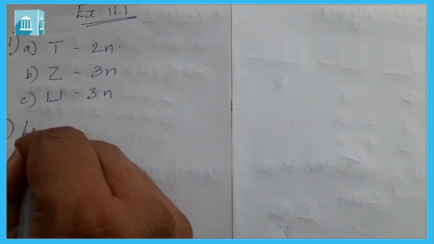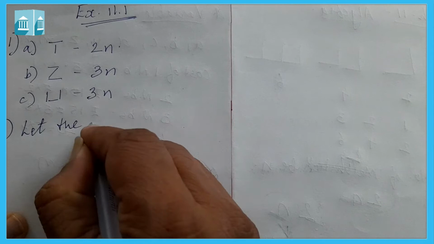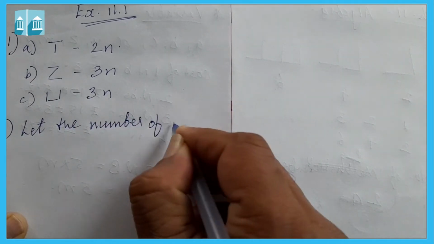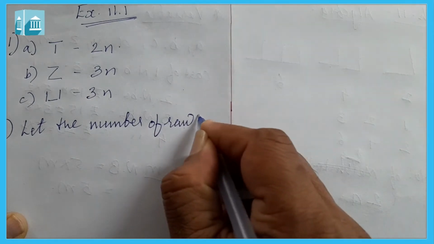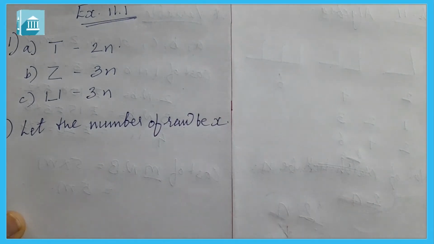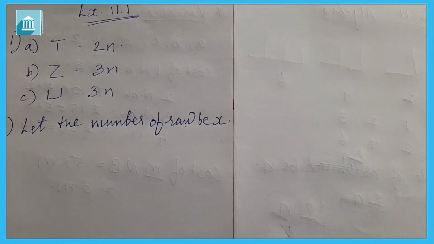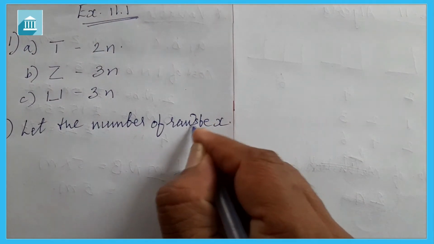Let the number of rows be x, because it is unknown, and for unknown numbers only we are using variables. Again I am repeating, for the unknown numbers only we are using variables. So here let the number of rows be x.